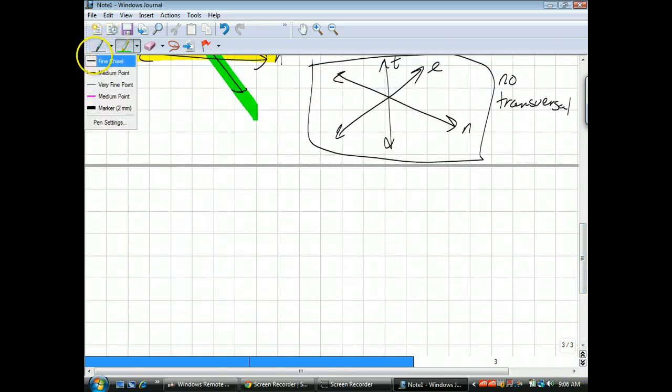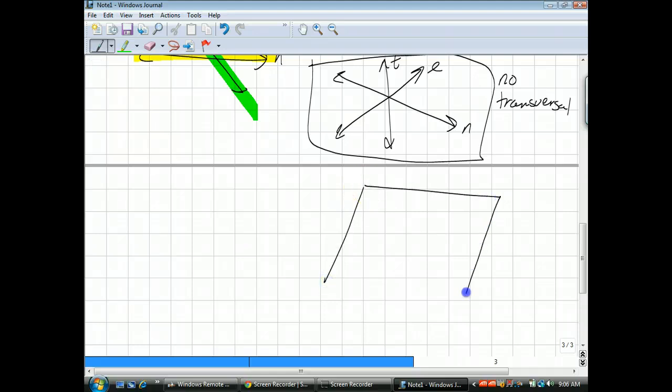All right, so let's look at some examples. Let's say I have this diagram. This is A, B, C, and D. And I have this diagonal. And that diagonal forms some angles, 1, 2, 3, and 4.